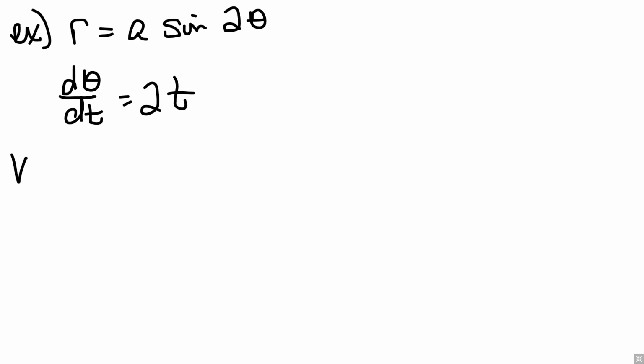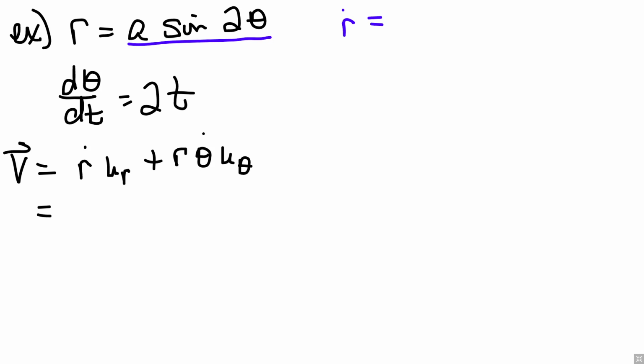So if we deal with the velocity vector, the formula is r dot times u of r plus r times theta dot times u of theta. Okay, r dot means that we are going to take the derivative of r, in terms of theta. If we take the derivative of this in terms of theta, we're going to end up with 2a cosine of 2 theta.